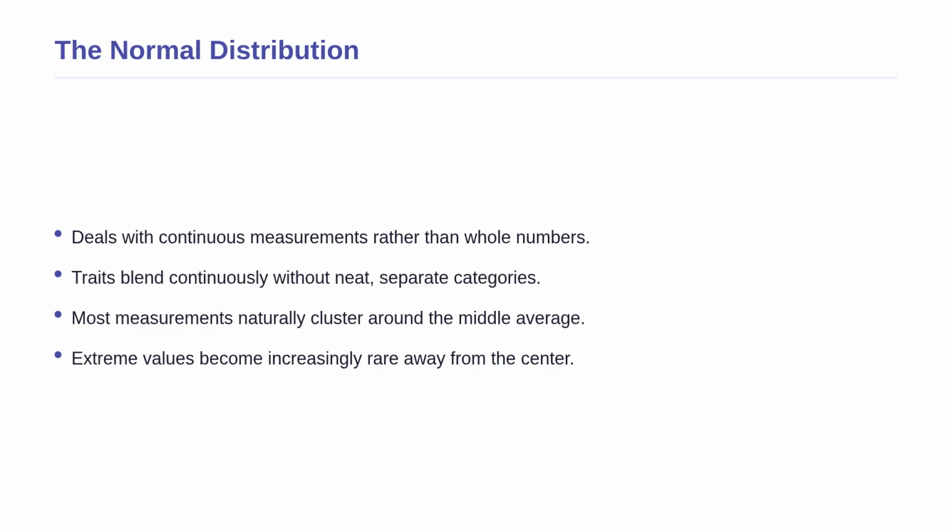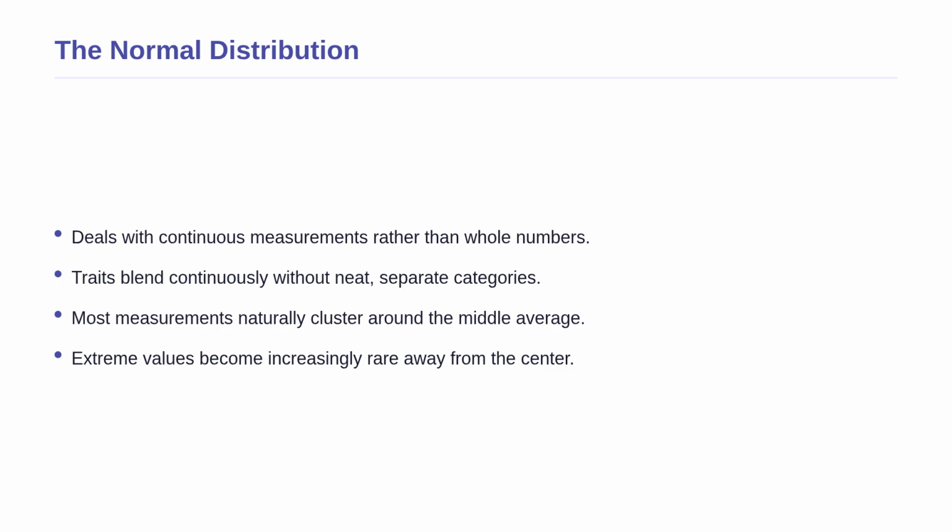We have looked at discrete counts, but what about continuous data? While binomial and Poisson deal with whole numbers, the normal distribution handles continuous measurements. Think about human height, blood pressure, or the weight of apples on a tree. These traits do not fall into neat, separate categories.